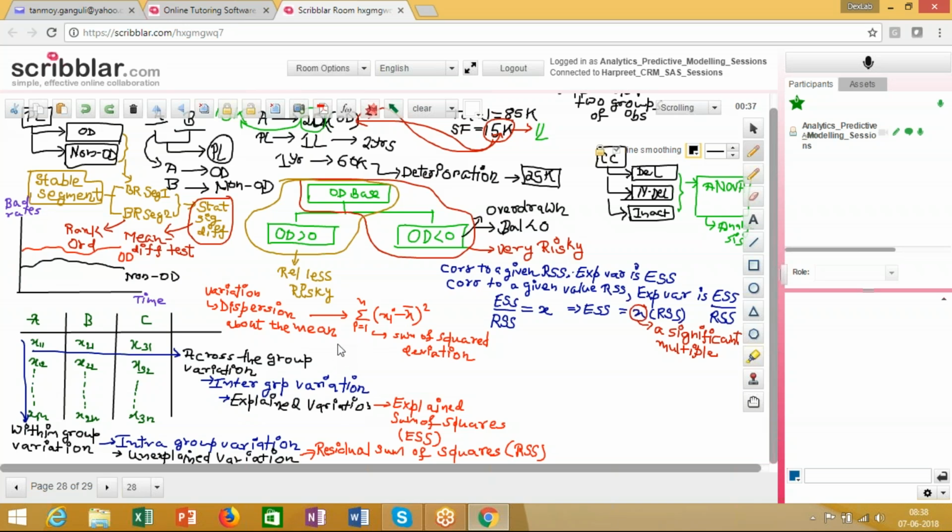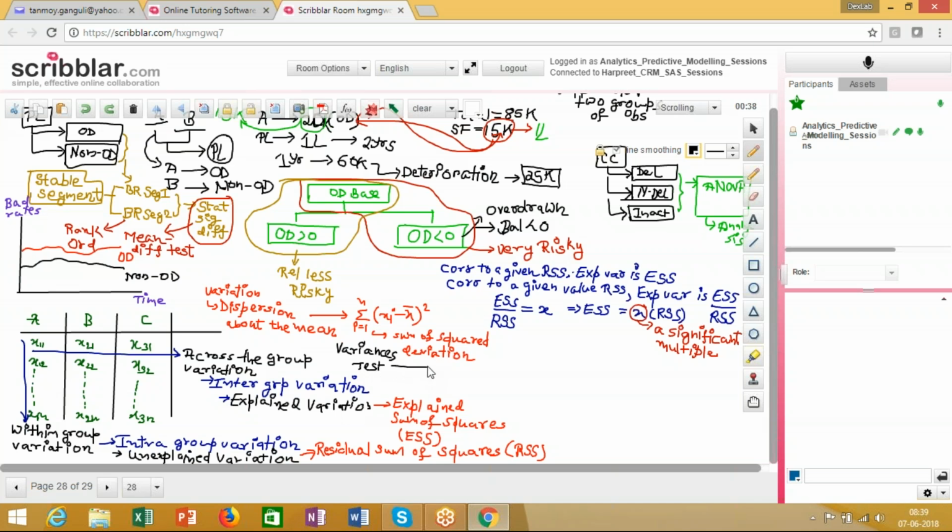We are trying to compare the variances, a variance test to frame an idea about a mean difference test.